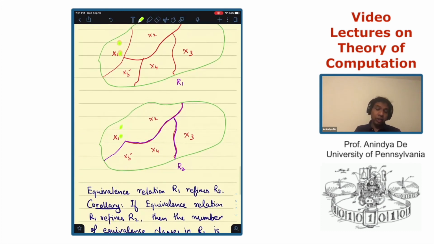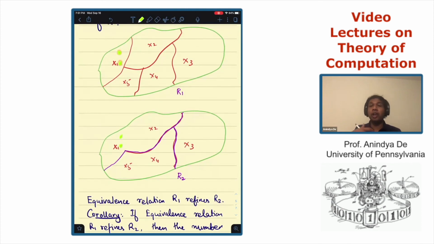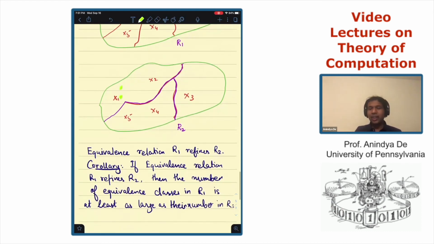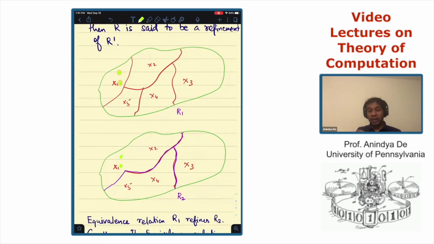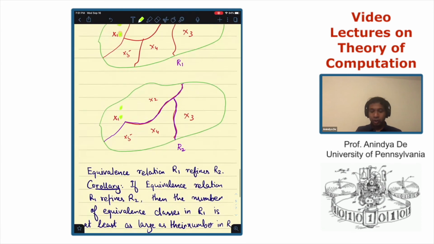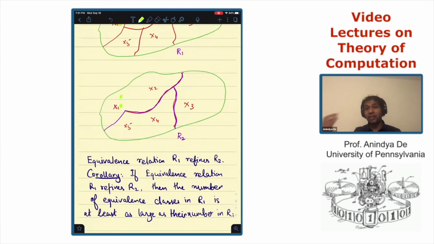It might happen that equivalence relation R1 has an infinite number of equivalence classes, and equivalence relation R2 has infinite number of equivalence classes. And then this corollary might not make sense, like what do we mean by the number of equivalence classes? But as long as at least R2 has finite number of equivalence classes, you can always say that the number of equivalence classes in R1 is at least as large as that of R2.